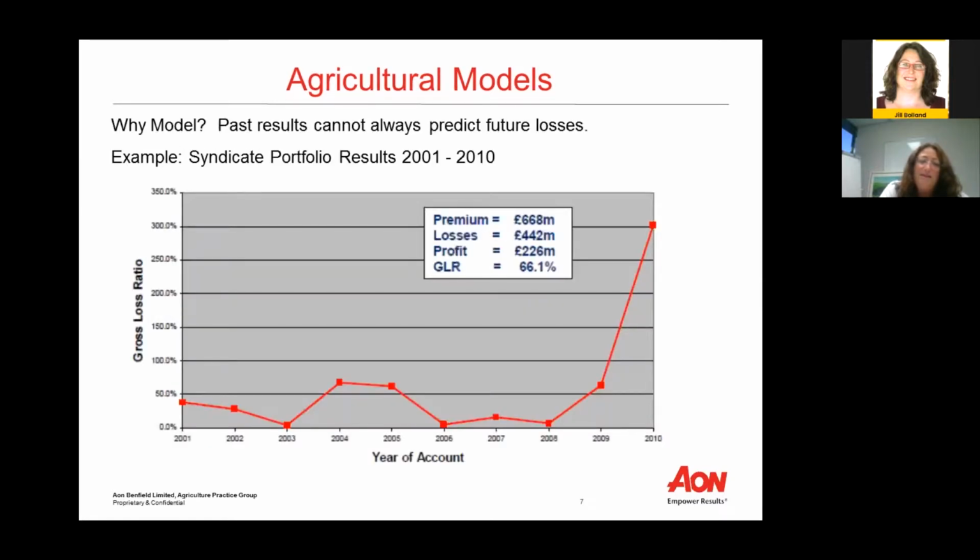This is just an example of what happens if you go only on your historical losses, especially in insurance. In a lot of countries, especially in this part of the world, agriculture insurance has only been going for the last 9 or 10 years. India is a special case. India has had a huge agriculture insurance program going back a long time, but that's unusual in this part of the world.